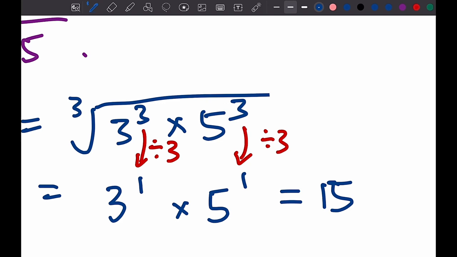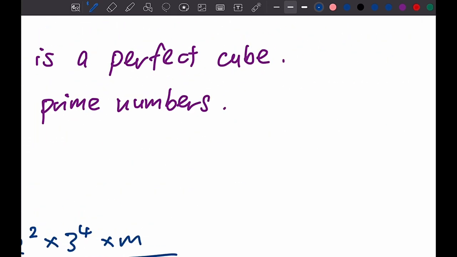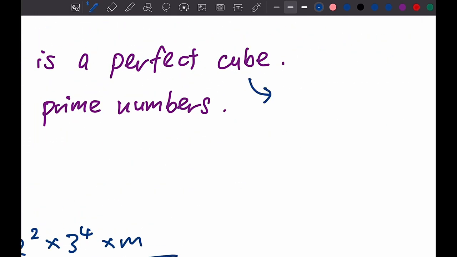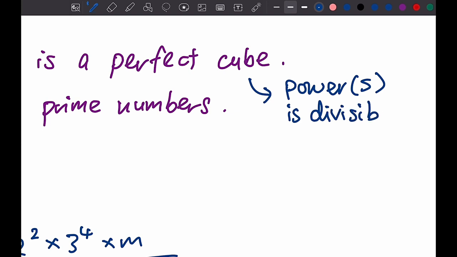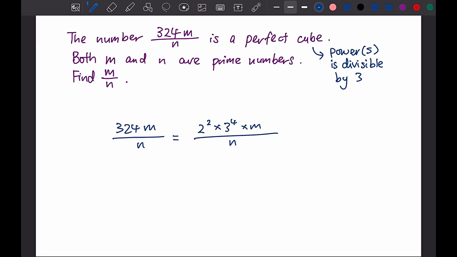So therefore a perfect cube means the power or powers is divisible by 3.